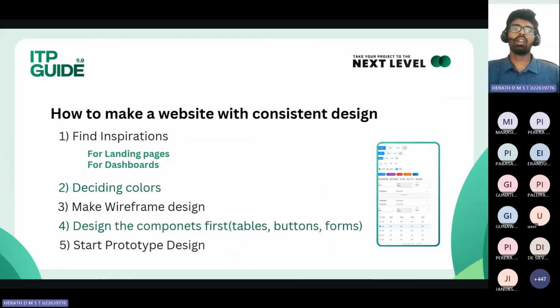And how to make a website with consistent design. So what is this? In your ITP module, you're going to have 5 members in a team, and you're going to design each member's part by themselves. So there will be a mismatch between them because they are thinking differently.